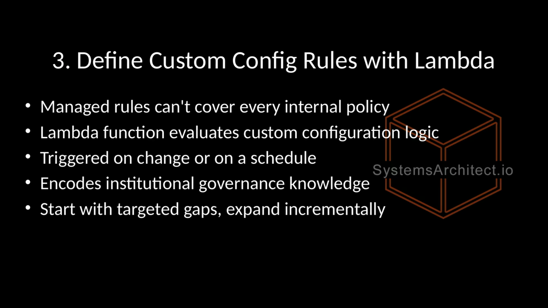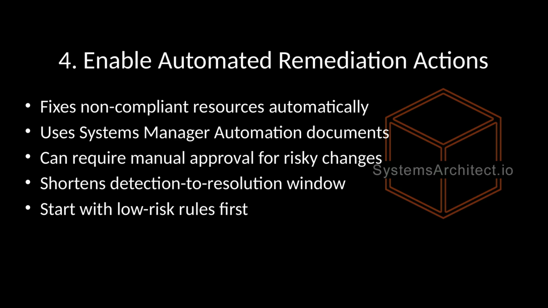This is also how you encode institutional knowledge that would otherwise live only in a wiki page or a reviewer's head. Start small, targeting the specific gaps managed rules leave rather than replacing the entire managed rule library at once.